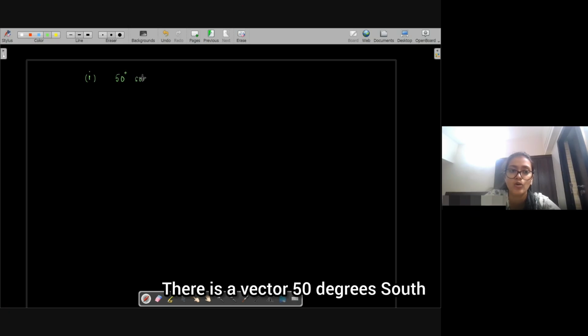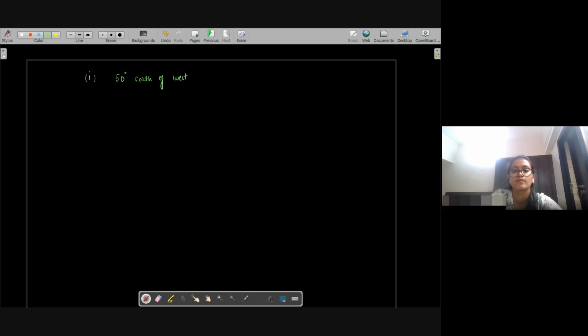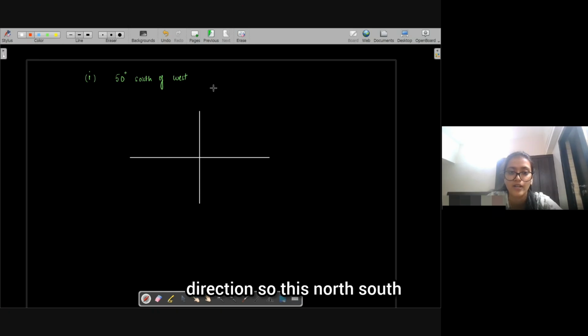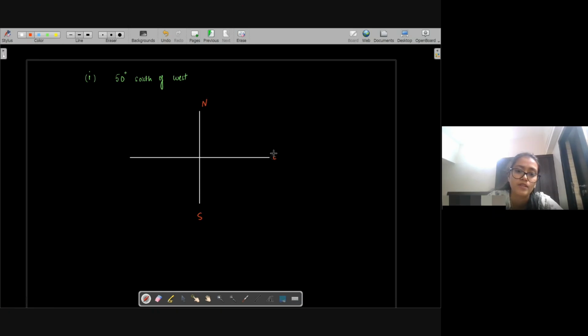So first, there is a vector 50 degrees south of west. We have to sketch it, south of west. You should mark the direction north, south, east, and west.